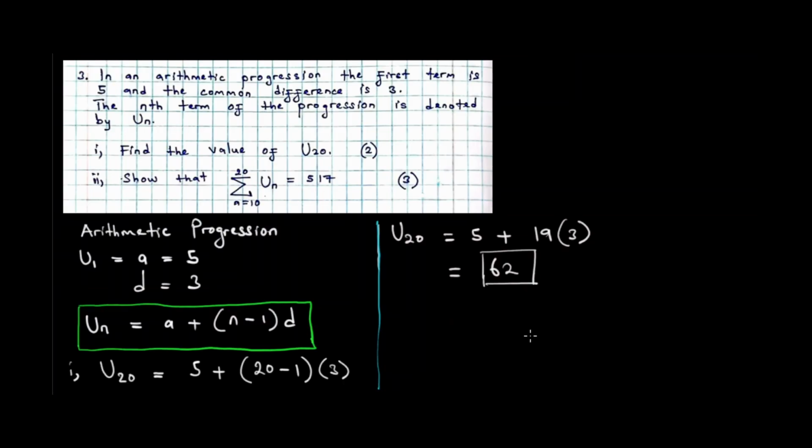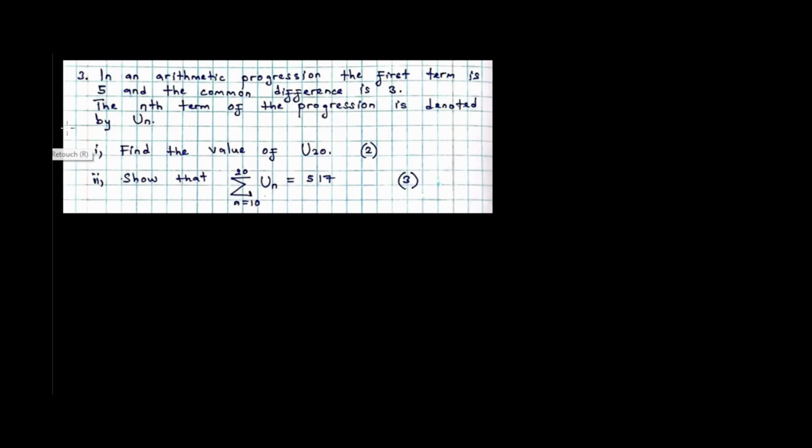Now let us look at part 2. So this was part 1, and let us now look at part 2. Part 2 says, show that the summation of un from n equal to 10 up to 20 is equal to 517. So how are we going to show this? Allow me to remove this so that we can have a working space.